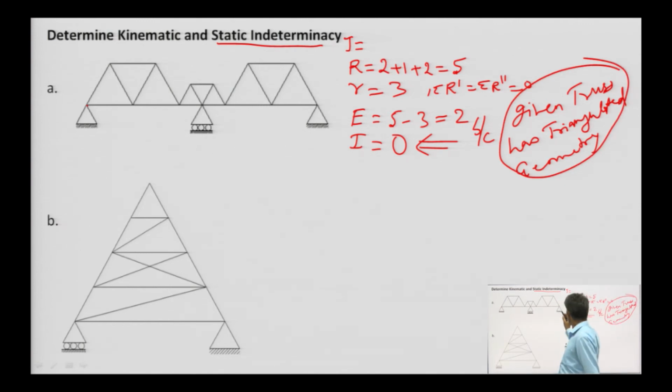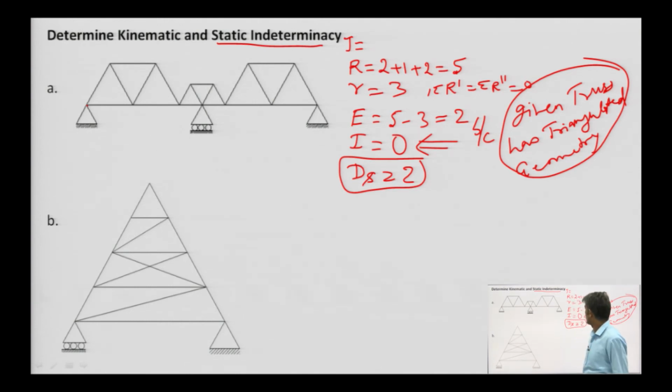So, total static indeterminacy ds is equal to how much? 2 plus 0 means 2. This type of truss. Okay. Let us calculate static indeterminacy in this truss.